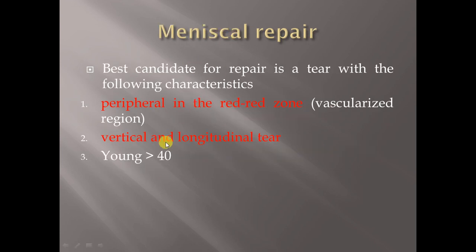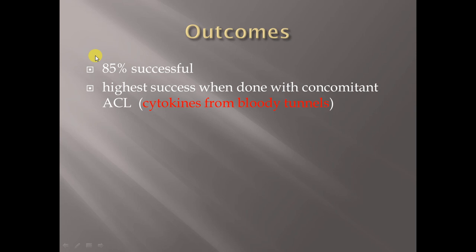Meniscal repair: if you have a young patient less than 35 with a vertical longitudinal tear in the red zone, this is the best candidate for repair. About 80% are successful without arthritic changes later in life.